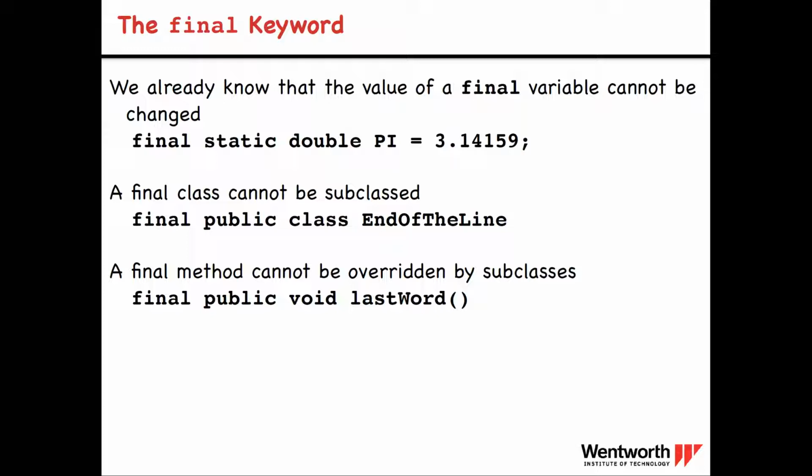You cannot put another class below it in your inheritance chain. And a final method is similar, but it can't be overridden. You can't override it in a subclass. So it's essentially the last word on that method. So you can use final in these different contexts.